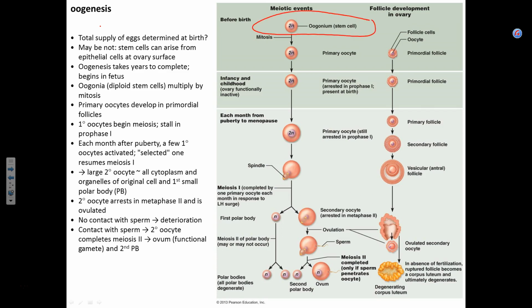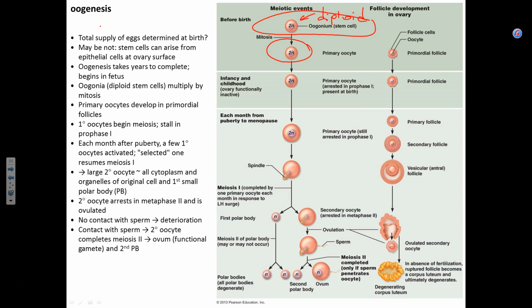Remember, in males it's spermatogonium, in females it's oogonium. It's a diploid cell, and at first it undergoes mitosis, producing a primary oocyte.